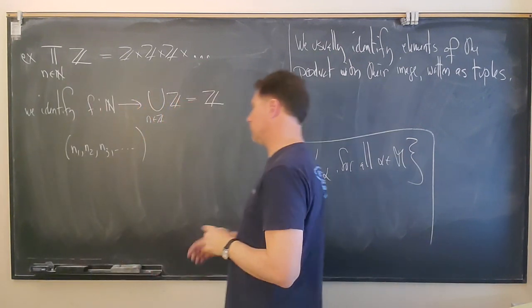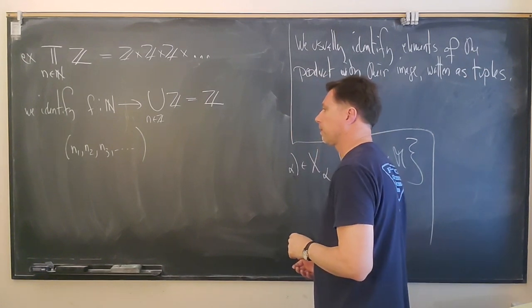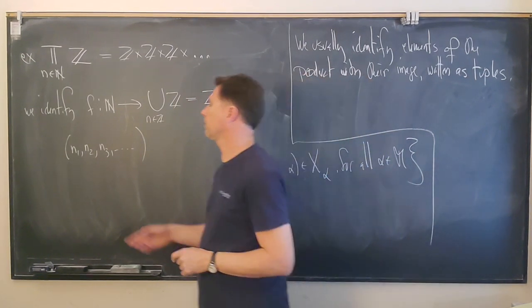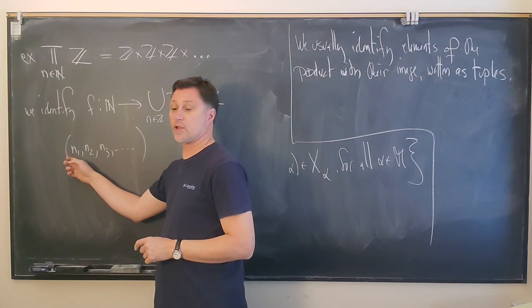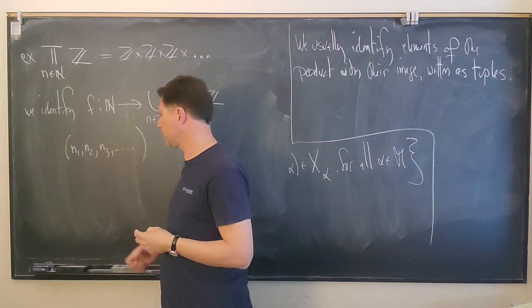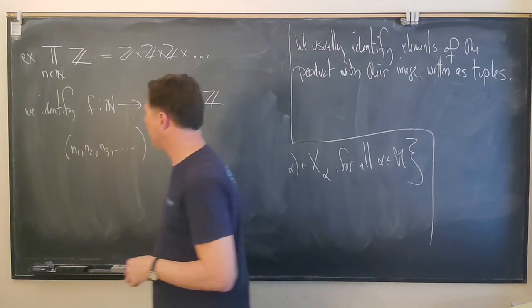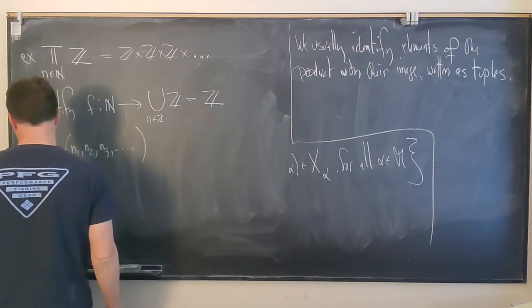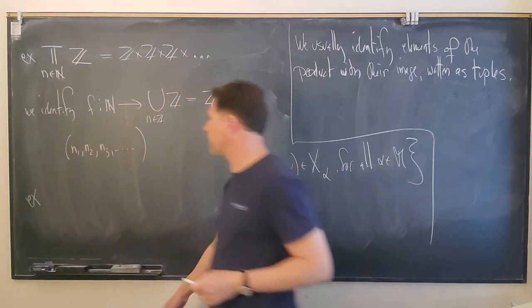The first entry corresponds to the first output, the second entry corresponds to the second output, and so on. But at some point, using tuple notation gets a little bit clunky.